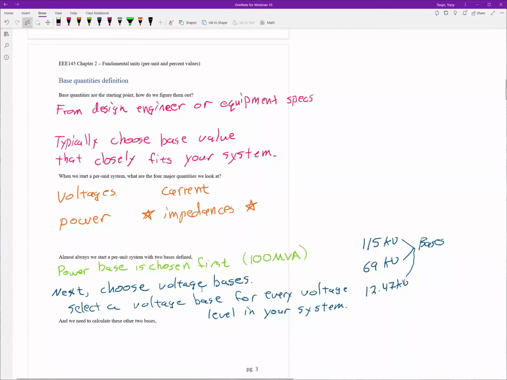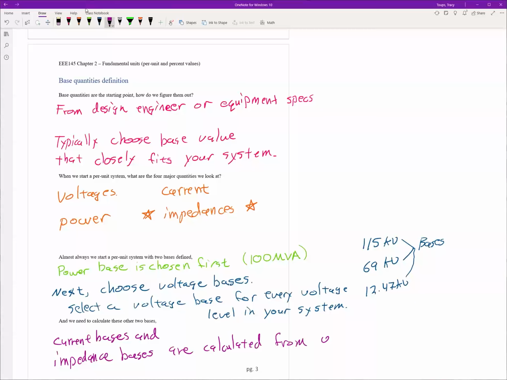Okay. Now notice we have power and voltage. We need two more. We need current and impedance. Right. So current base and impedance base, their bases, because you can have more than one, are calculated from the voltage and power base.